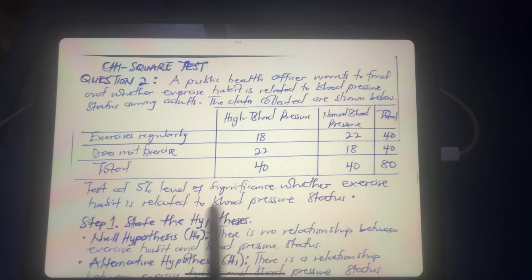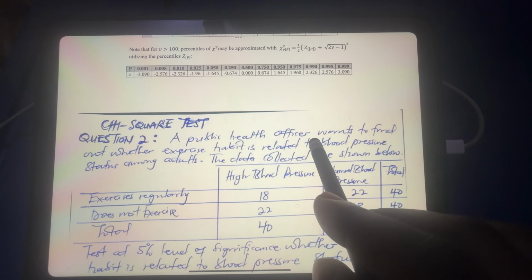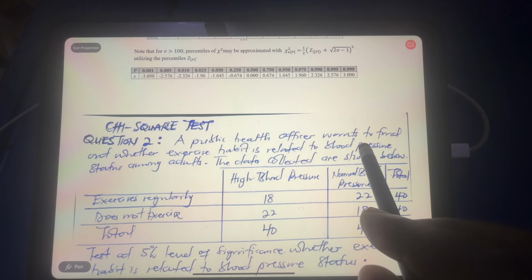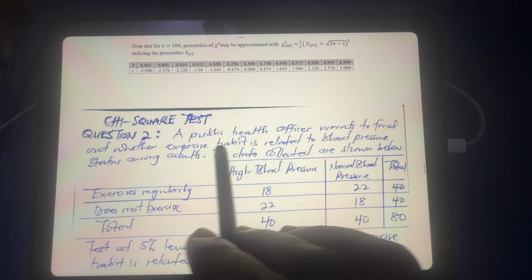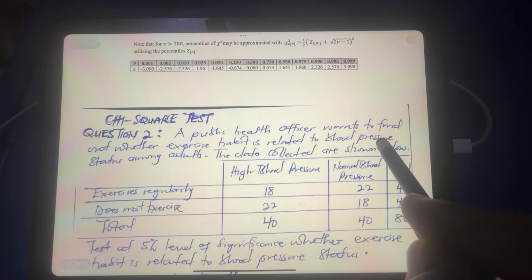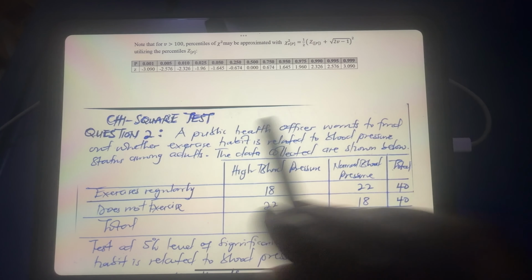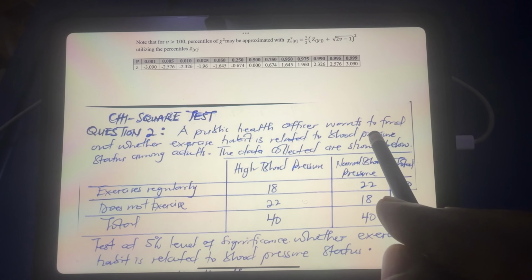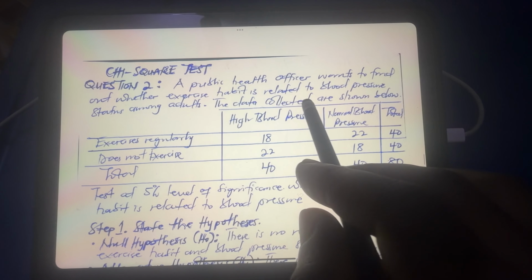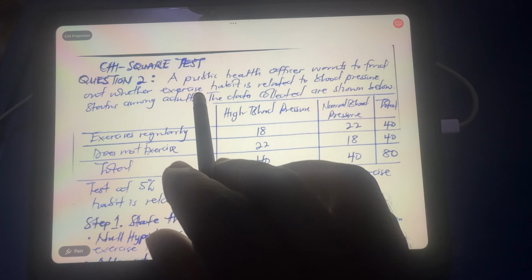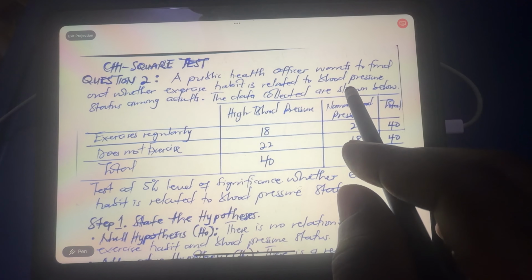How do you state the hypothesis? You come back to the question and look at the variables that you have in the question. A public health officer wants to find out whether exercise habit is related to what? Blood pressure. So we have two variables, exercise habits and blood pressure. So in stating the hypothesis, come back to the question and identify the variables. Here we have exercise habits and blood pressure.